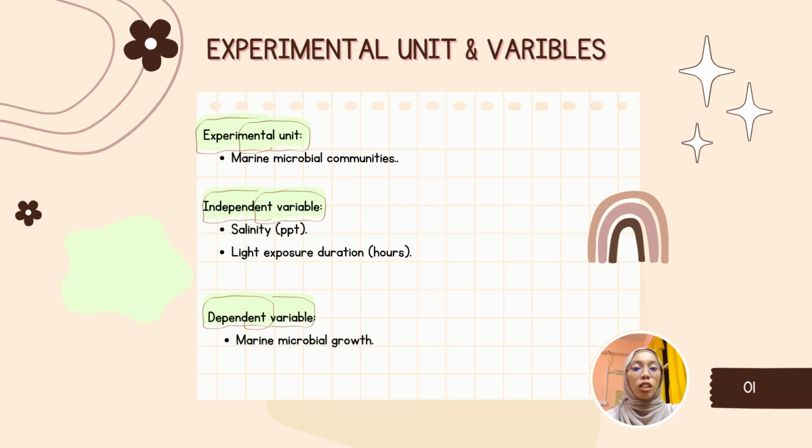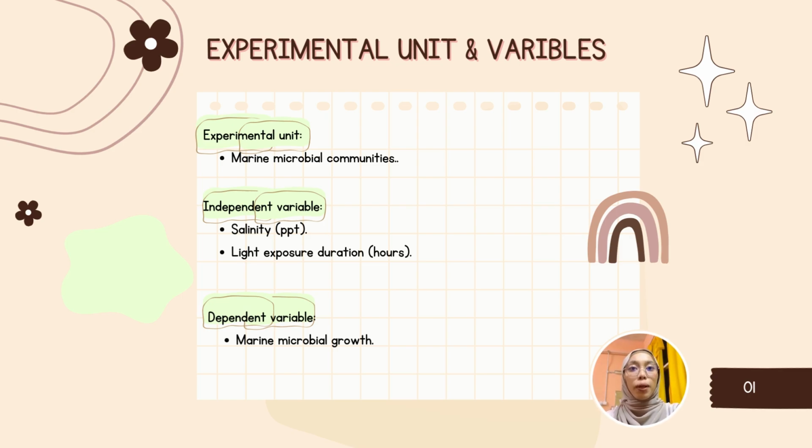For variable, there are two types of variable in this topic, which is independent variable and dependent variable. Independent variable is something that is controlled by the experimenter, or something that you make a change in this experiment. The independent variable is salinity, where we measure in part per thousand, and light exposure duration, where we measure in hours per day.